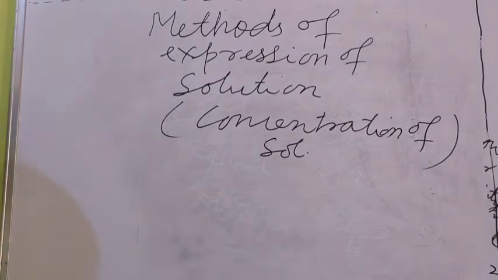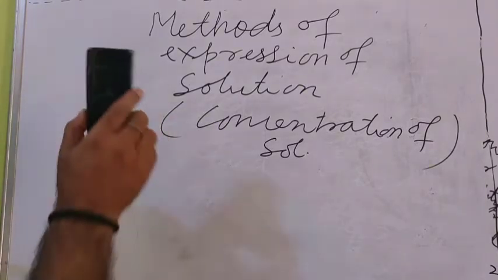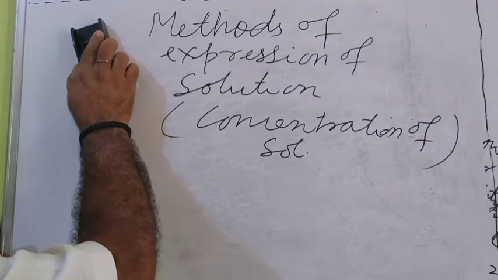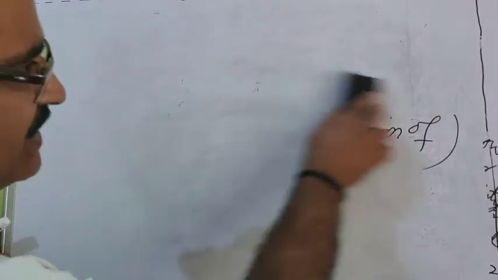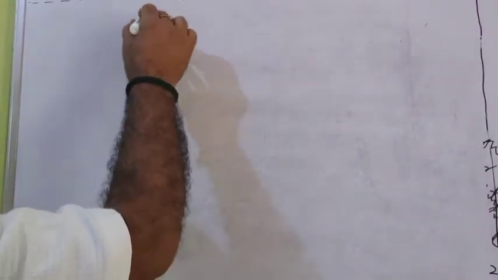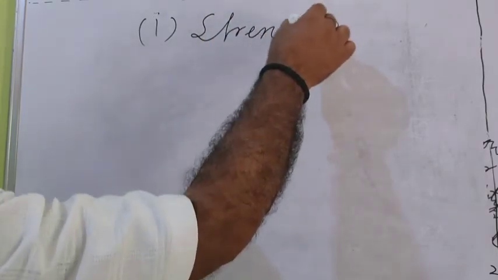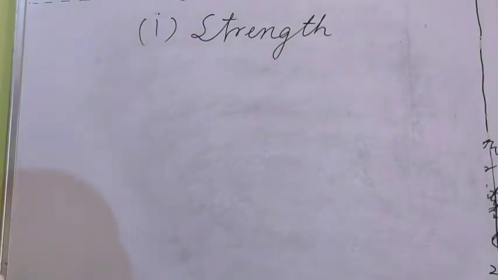So the first method for the expression of the concentration of solution is the strength. Strength is the amount of solute in gram present in per liter of solution.